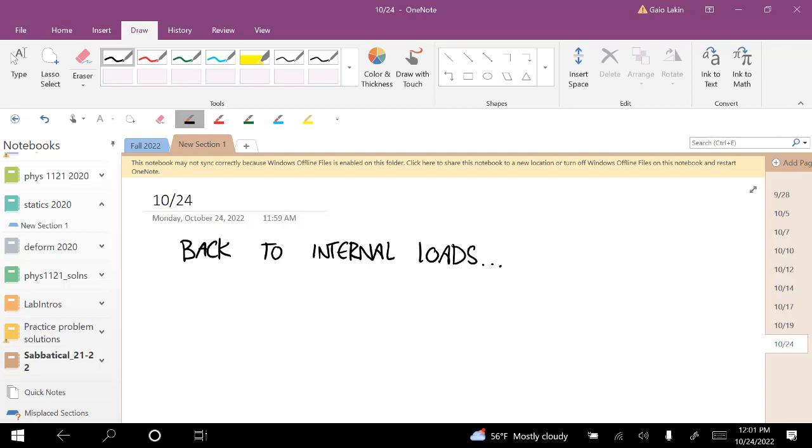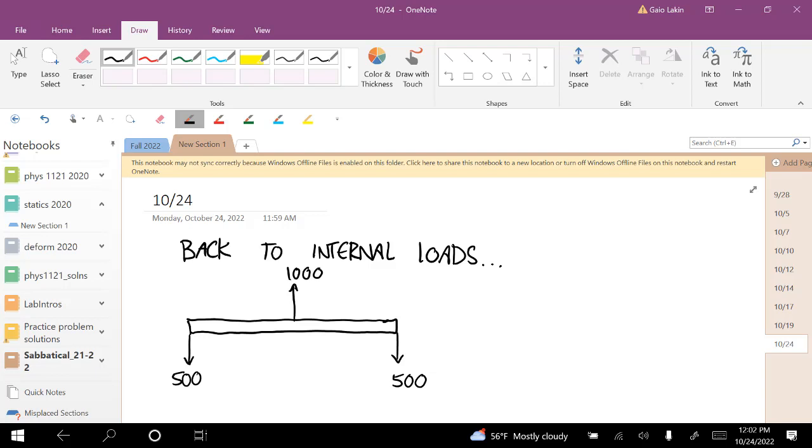What I had just said at the end of class last time was, imagine you have this beam, and it's 500 newtons down at each end, and 1,000 newtons up in the middle. And you can check that that's in static equilibrium.